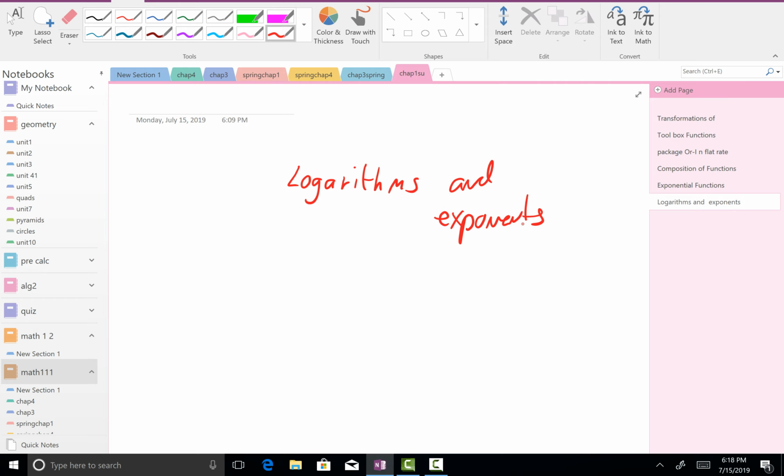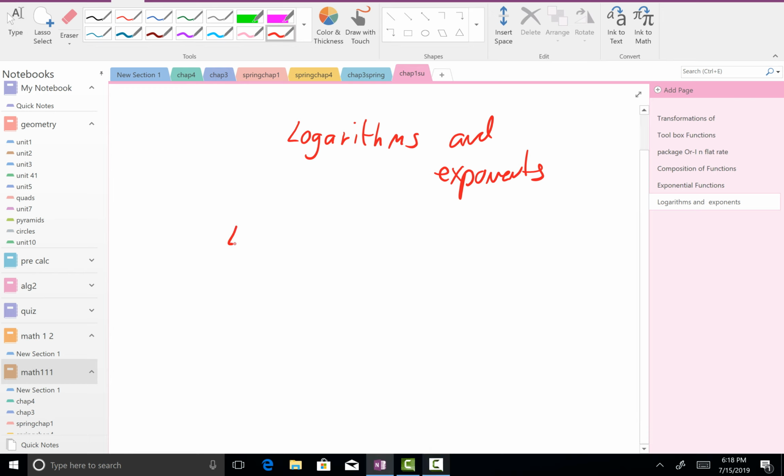So it's just the inverse of it. Grows fast, grows slow, very slow. So that's what a log is. So a log is an inverse of an exponential.